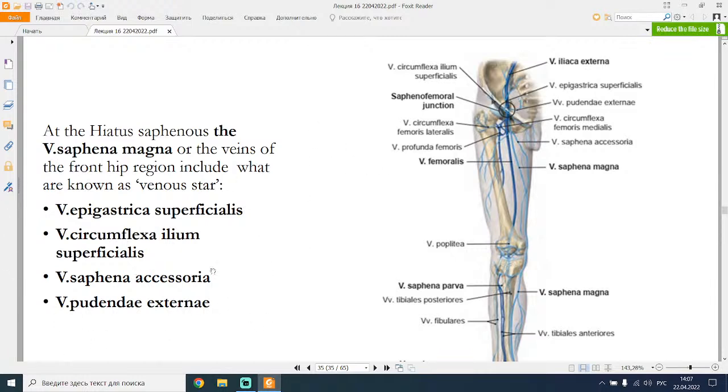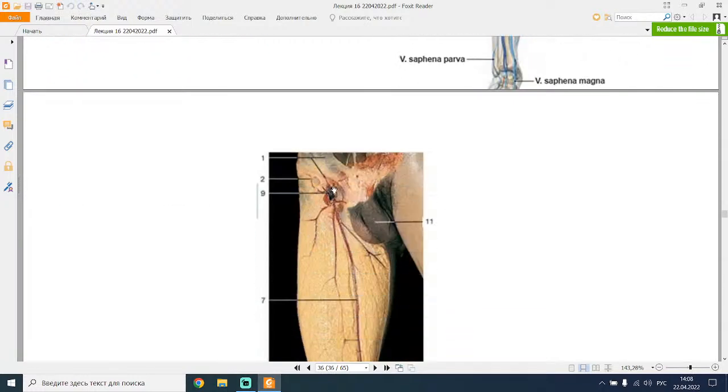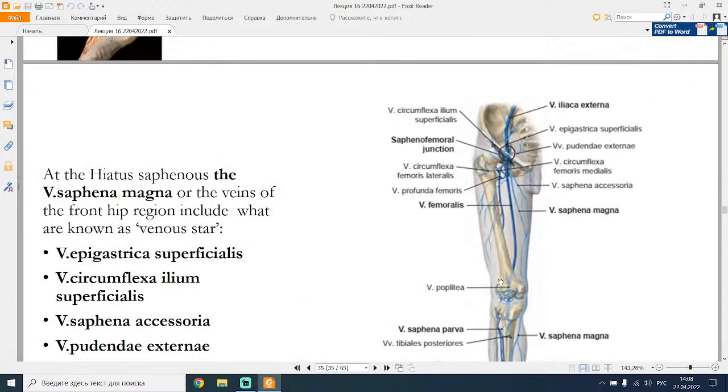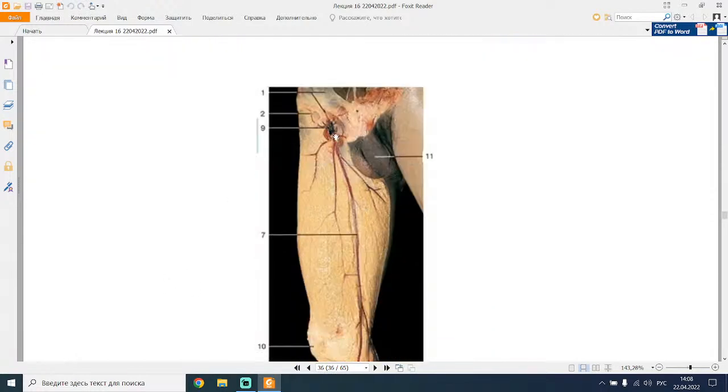This vein forms the venous star. What you see? Venous star. This is venous star. Saphena magna, accessoria, circumflexa, profunda.